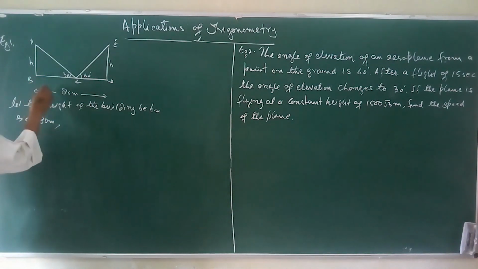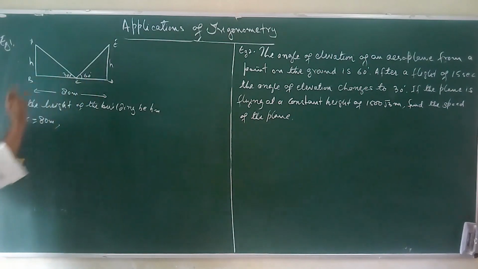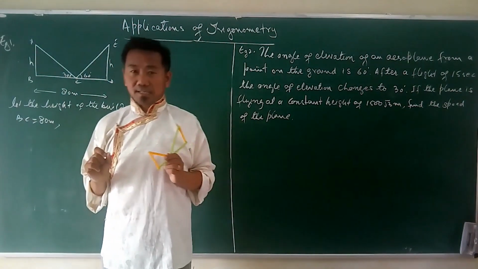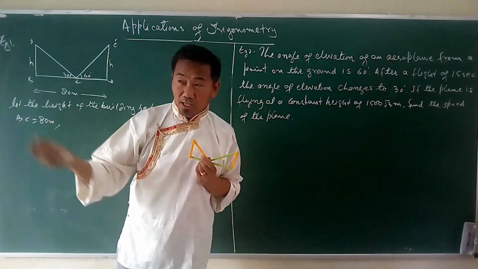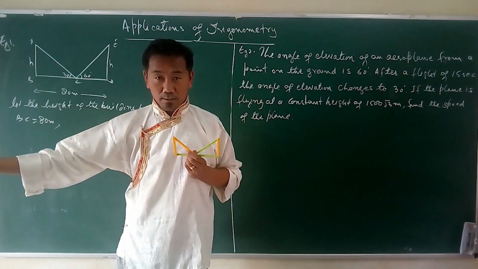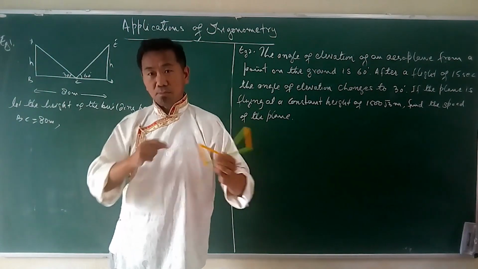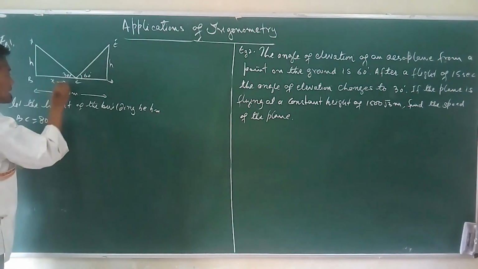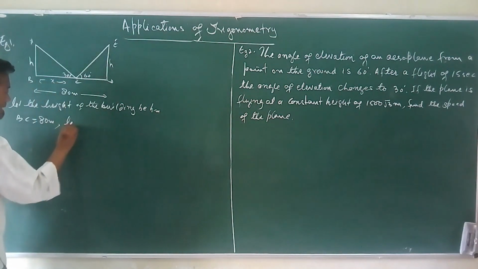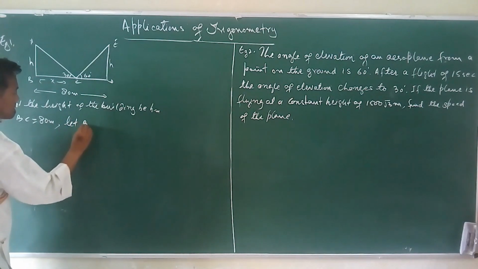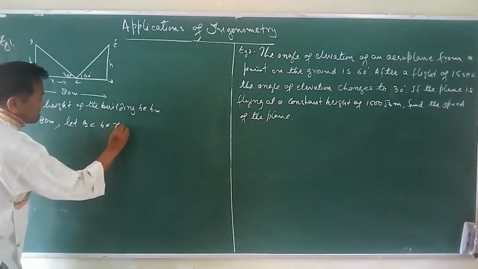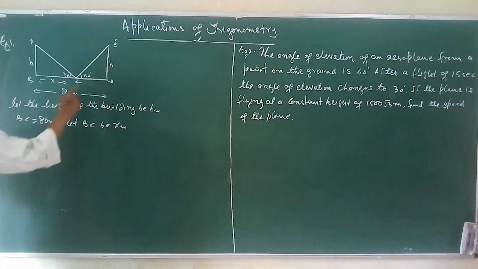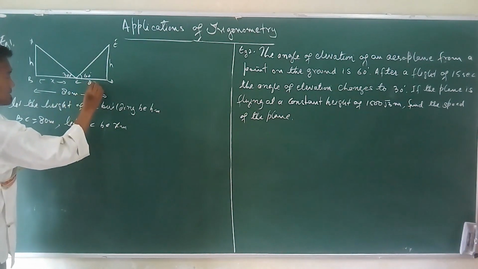Let's say BC be x meters, then the other part is 80 minus x.